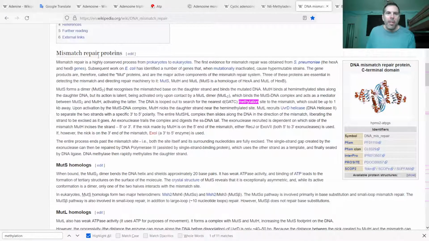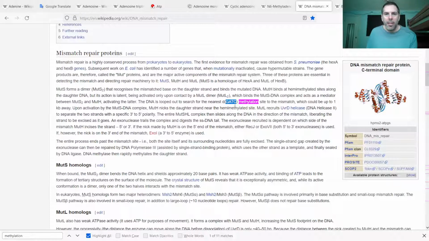And you can see here in mismatch repair in bacteria, there's this GATC sequence, and the adenine is methylated in that as a way to let the bacteria know which strand of DNA is new and which strand is old. So the old strand will have the methylation on. You can see this is the same both directions.